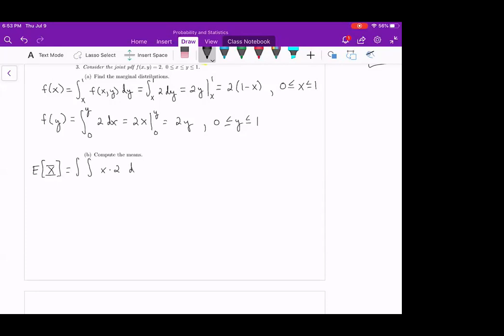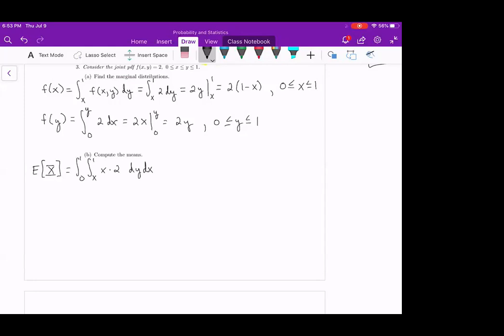And it doesn't matter whether you do dx dy or dy dx, you could do it in any order. I'll do dy dx. So integrating over y first, we're going from x to 1, and then the second integral will be 0 to 1.